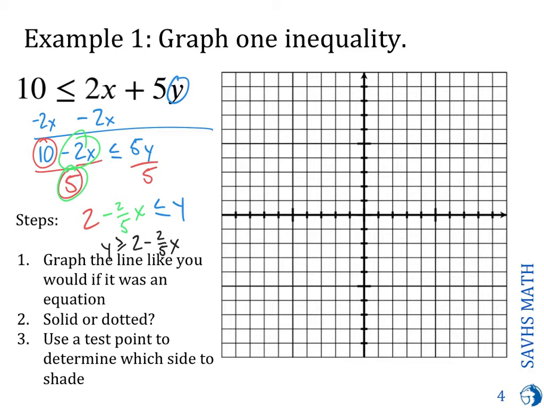My y-intercept is at 2, and then my slope is negative 2/5, so down 2 over 5, down 2 over 5, down 2. You can follow that pattern up also. Since this is an or equal to inequality, my graph has to represent the fact that I'm including the line.